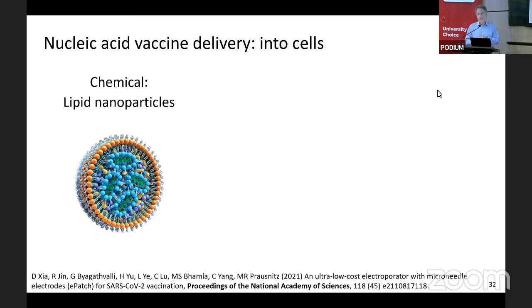And the side effects associated with the COVID vaccines are at least partially believed to be associated with the lipid nanoparticles, not with the vaccine itself. Also, that cold chain storage, which can require up to minus 80 degrees Celsius, is in part associated with keeping the lipid nanoparticles stable. So it'd be nice if we didn't have to use lipid nanoparticles.